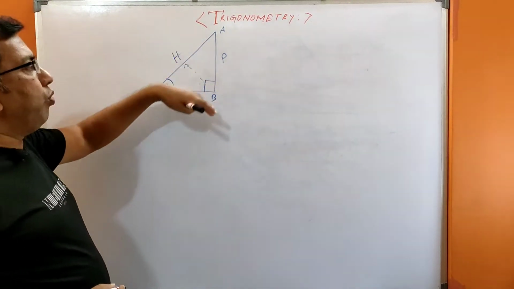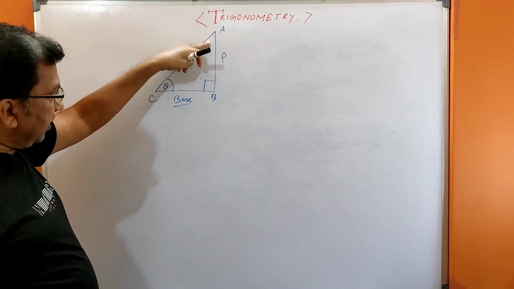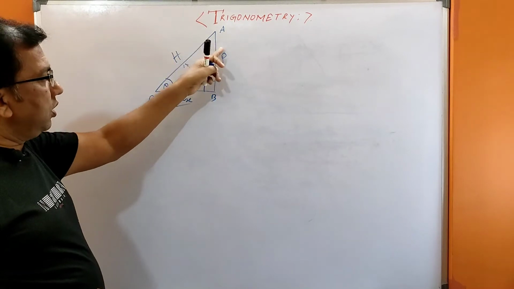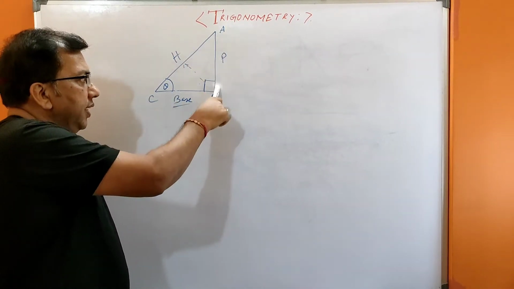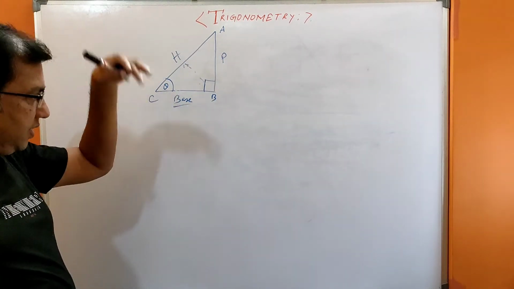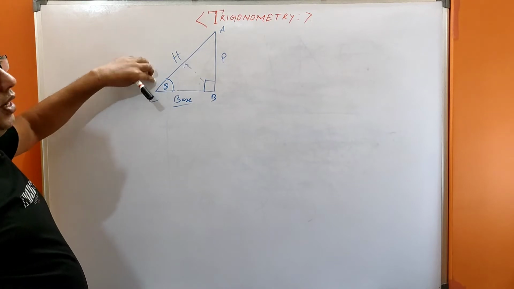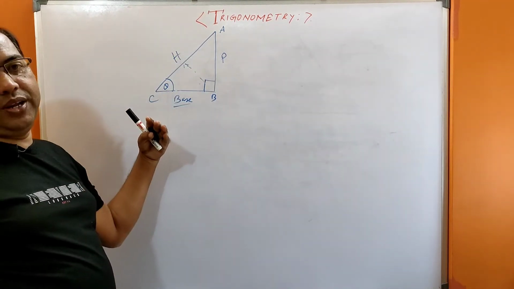So this is very important. If you consider this angle is theta, so this angle theta, these are two adjacent sides, this is hypotenuse, this will be base, and this will be perpendicular. So when we consider this angle theta, you have to consider which is base and which is perpendicular.